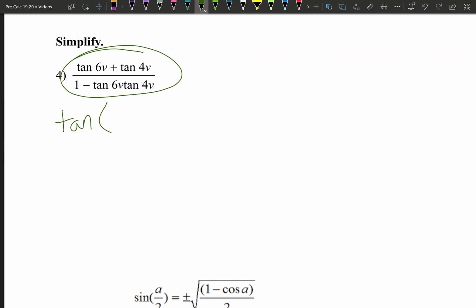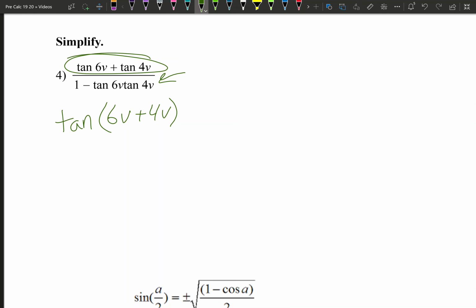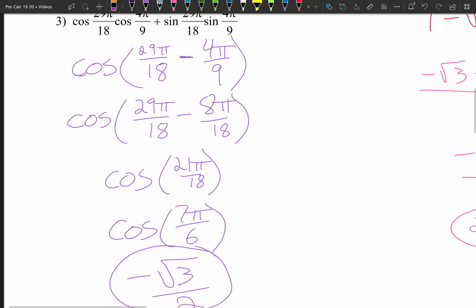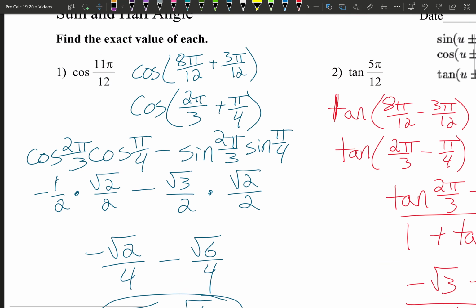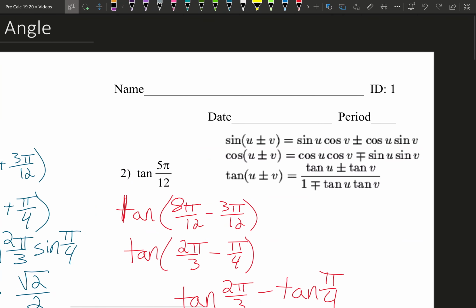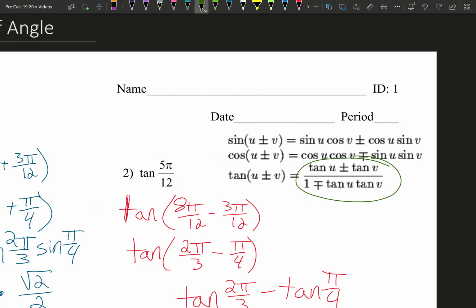Sometimes people get thrown off because, like, all right, well, we know that we're doing the same sign as up here, so it will be 6v plus 4v, and then go through, do the work from there, and then think about, wait, but what about the denominator? It's not that. The entire tangent identity is that numerator and denominator.